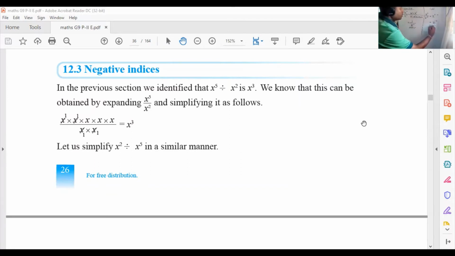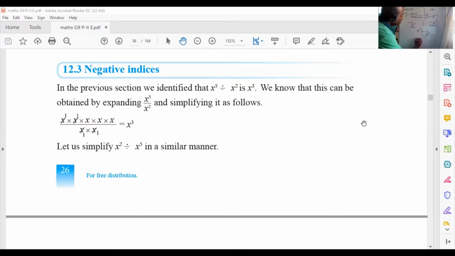We did the same question, but we are getting different answers. You can't get different answers for the same question. That means these two should be equal. You can say that x to the power negative 3 is equal to 1 upon x to the power 3.